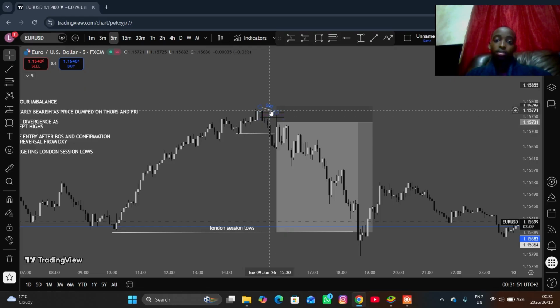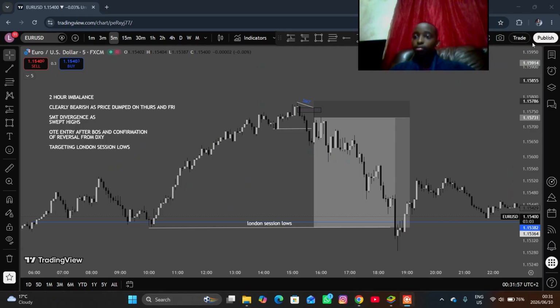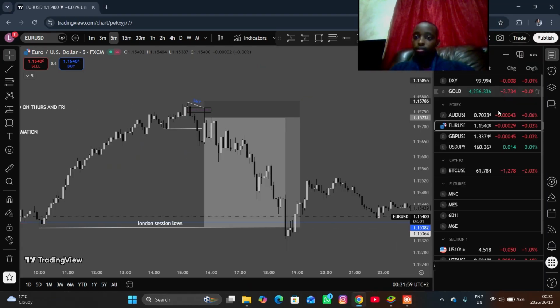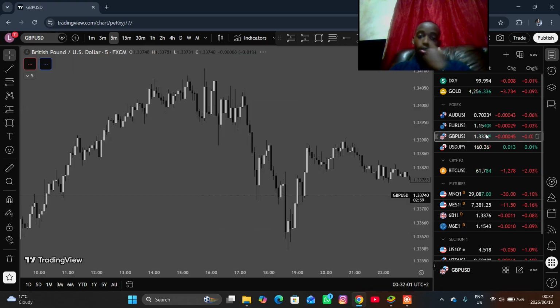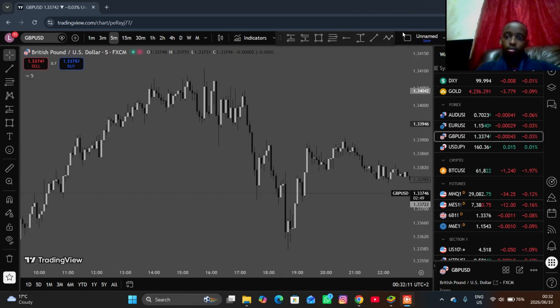And that's an SMT because on GBP, at the same time over here, this is 3:45, price took out the high, but on EURUSD it failed to.